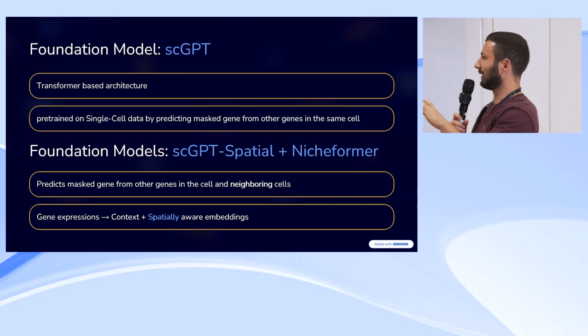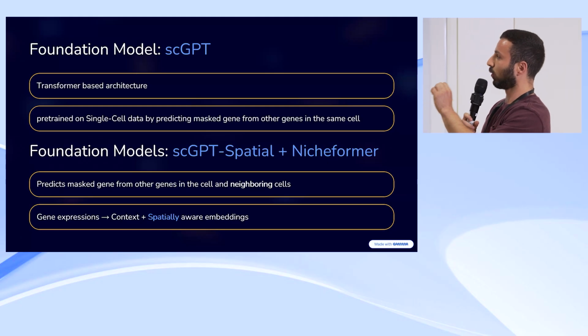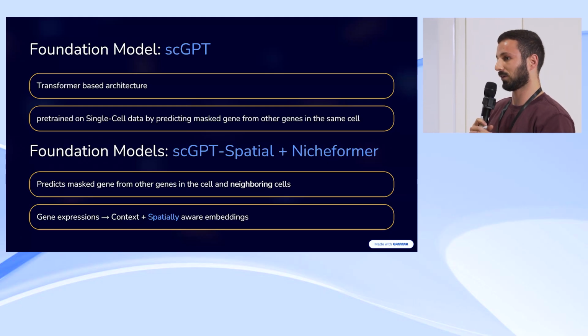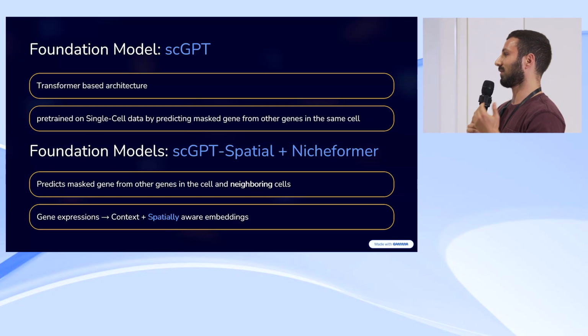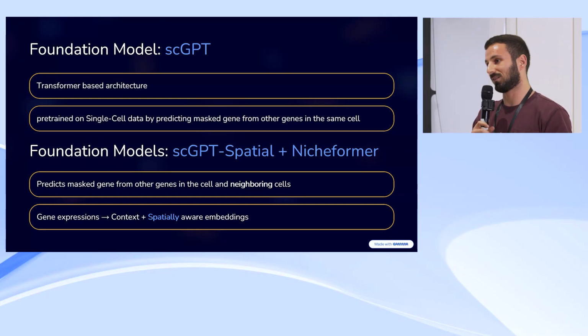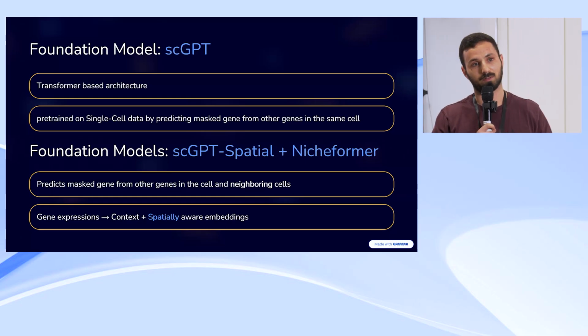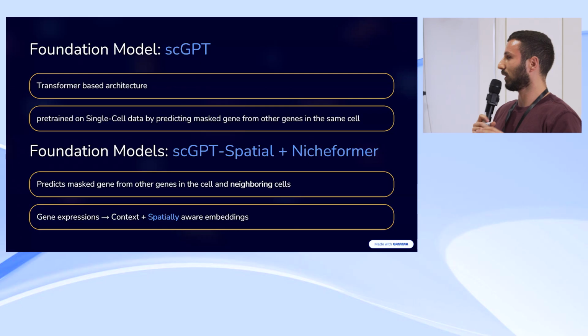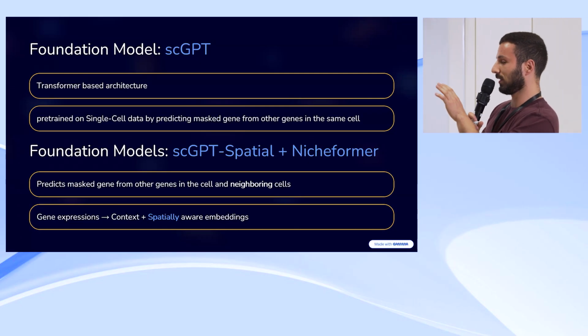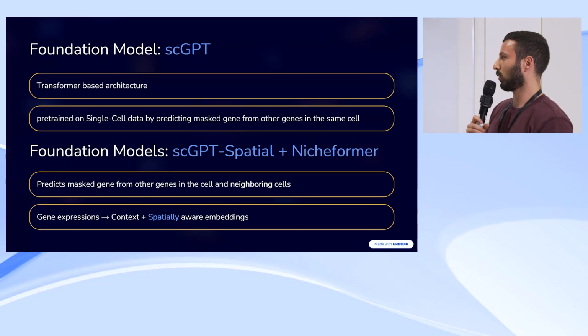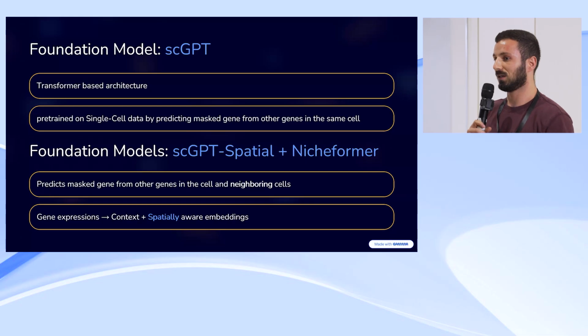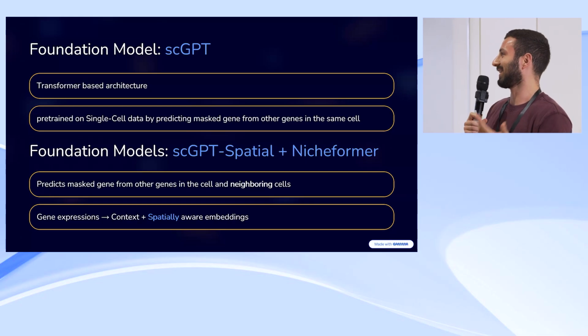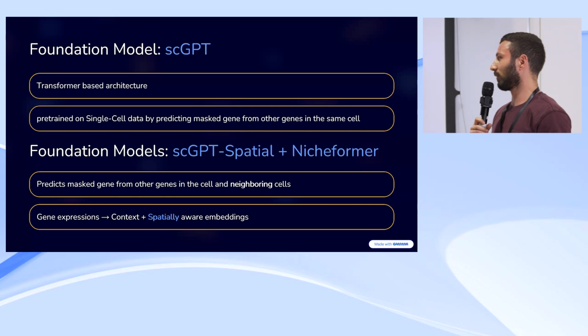In these foundation models, we're working with biological LLMs. So here the data is not words, it's cells. So we take a cell, and inside the cell, like Alex said, we have gene expressions. Now we mask a gene, we hide a gene, and the model needs to predict which gene we masked, and this way the model learns the biological language, actually the cell's language, which is quite remarkable.